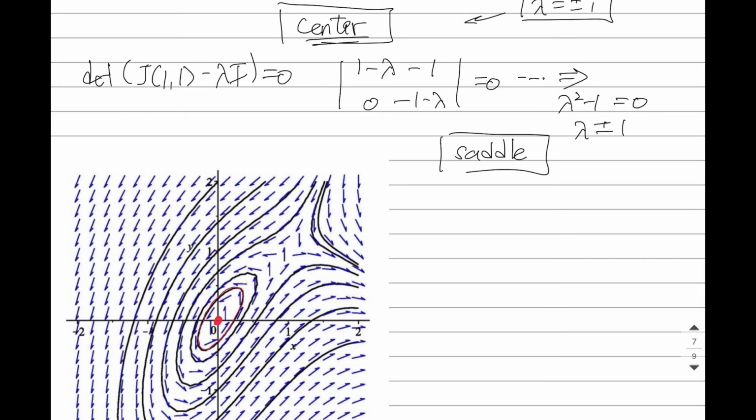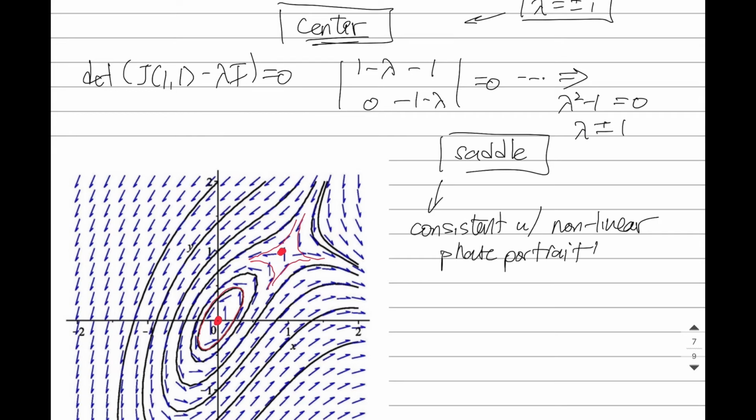And at the point 1, 1, so that's roughly here, we're expecting to see a saddle. And that means, again, we've got some trajectories that seem to go like this. So all of these things seem consistent with what this linearization is telling us. So this seems to be consistent with the nonlinear phase portrait.